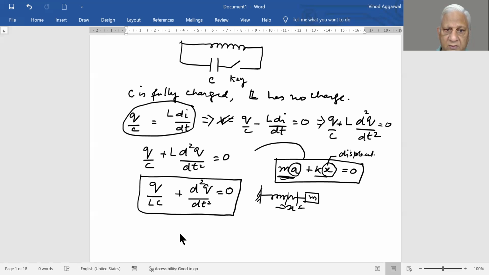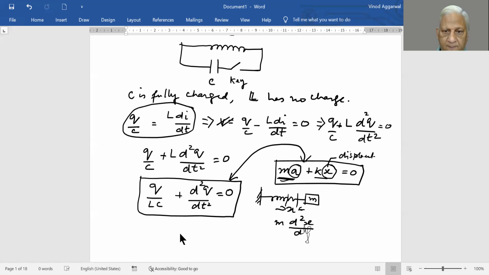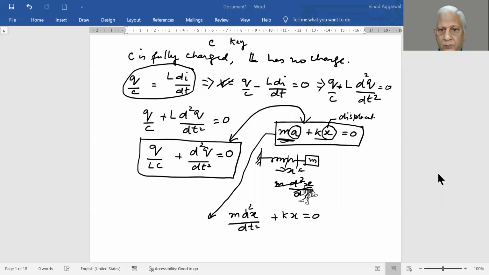Now, if we compare this vis-a-vis this, there is a similarity. Sorry, before we do that, what we'll do is, this is m d square x by dt square plus kx equals 0. This expression, we can write it in terms of x displacement.